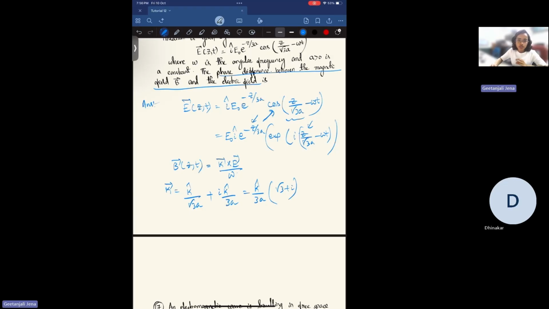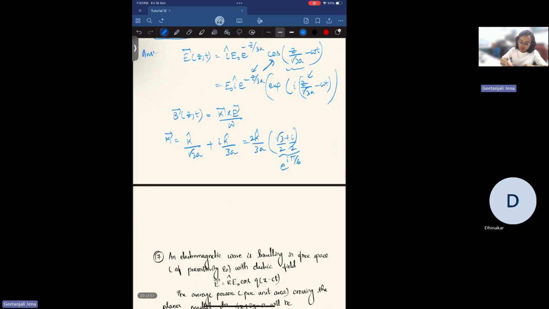To write it in terms of exponentials, similarly to one of the earlier questions where I multiplied by 1 by root 2 and divided by 1 by root 2, for this case also you can see root 3 is there. So you can divide by 2 and multiply by 2 here. And this is e to the power i pi by 6.